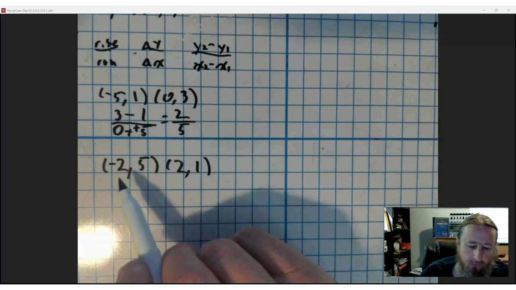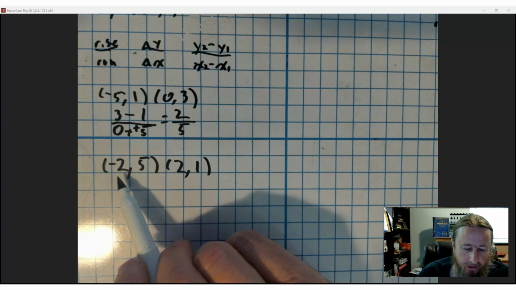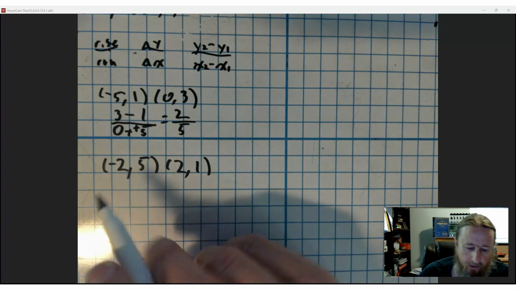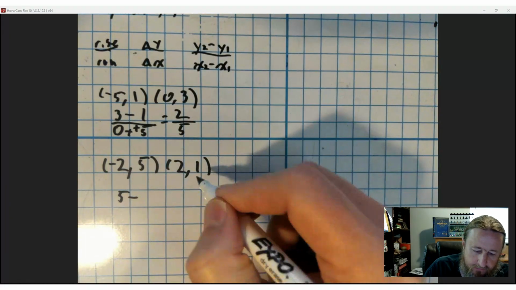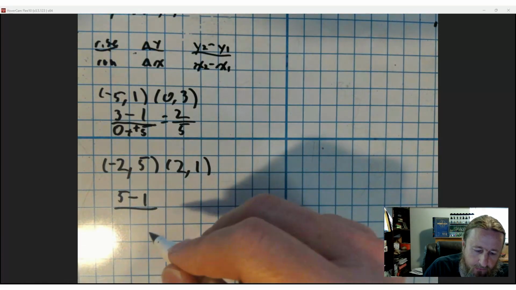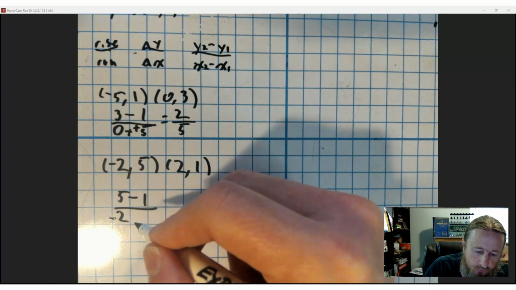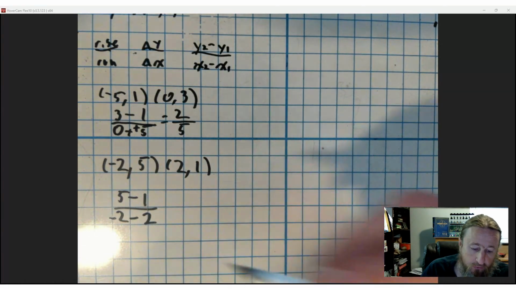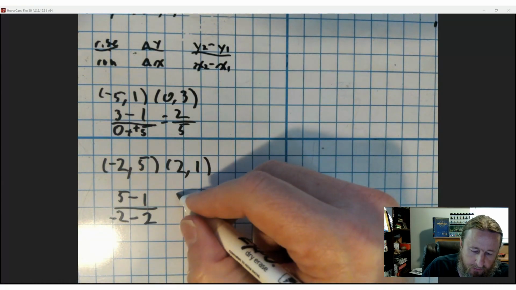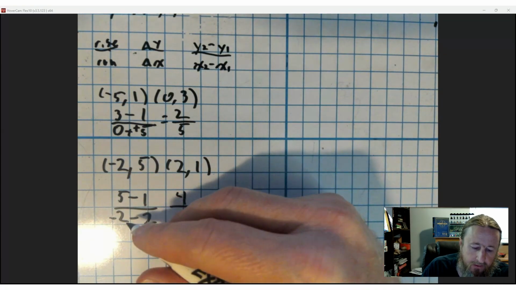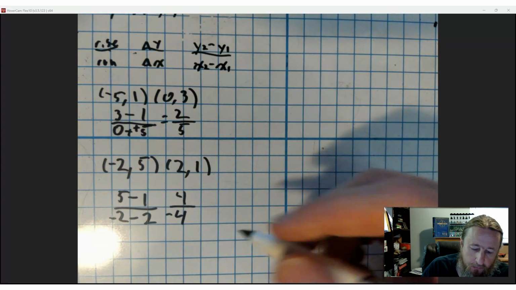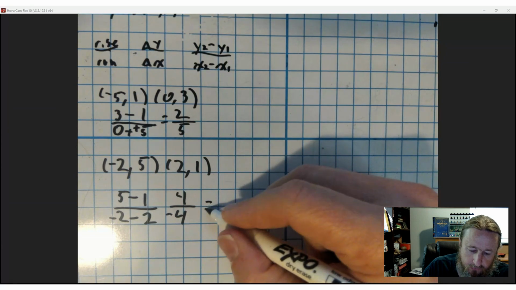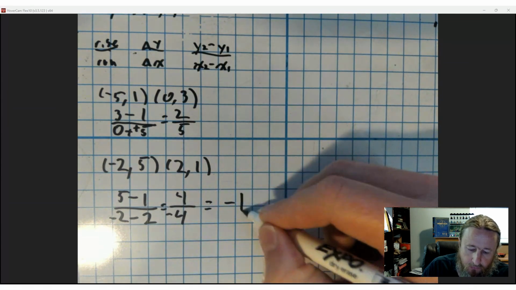So instead, we're going to make the first point negative 2, 5 the y2 value, and we're going to get 5 minus 1 over negative 2 minus 2. 5 minus 1 is 4. Negative 2 minus 2 is negative 4. So the slope on this one will reduce to negative 1.